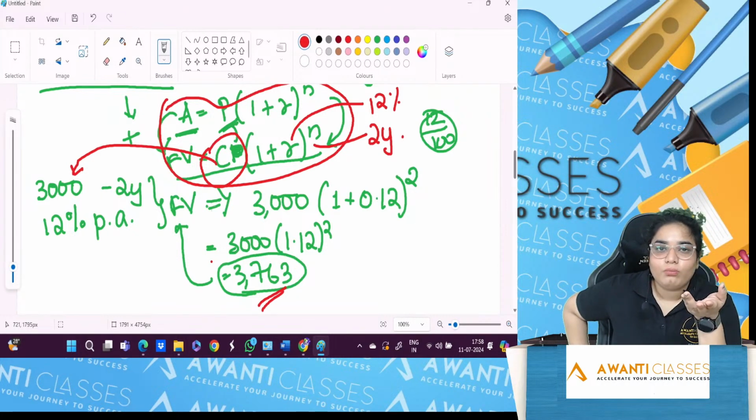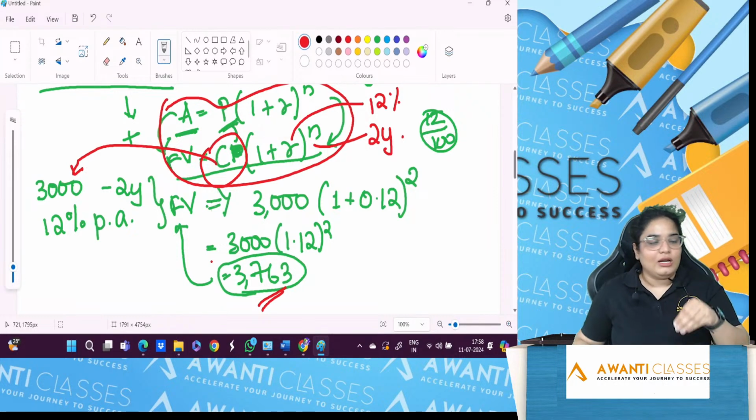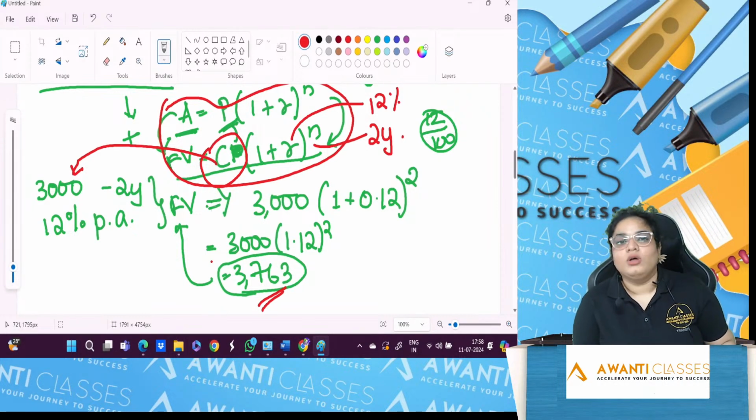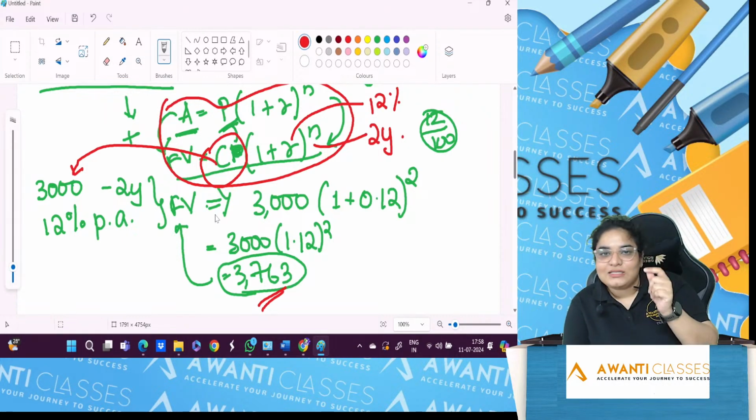Annuity due means what? Whenever there is a payment that you make at the starting of the month, it is called annuity due. Similarly, salary, for example, August, if in July I go into an office and I work, after July they will give me my salary. Yes or no? Why? If you do your job for 1 month, you will get 1 month's salary.